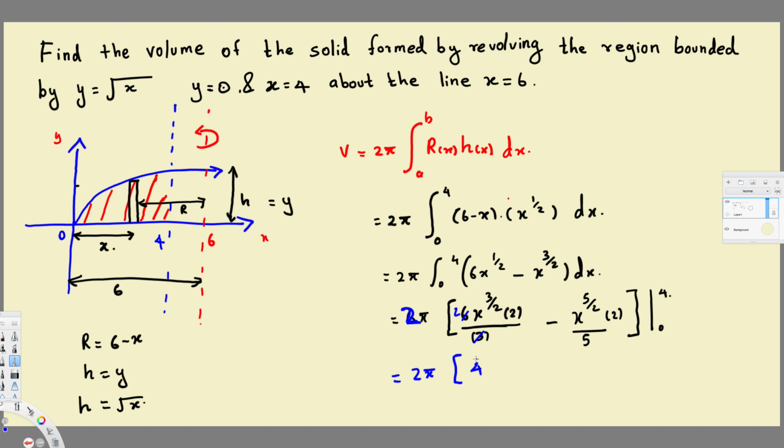So we have 4 already in front, and if you substitute 4, it's going to be 4 power 3 by 2 minus 2 times 4 power 5 by 2 over 5, right? This is when we substitute 4.